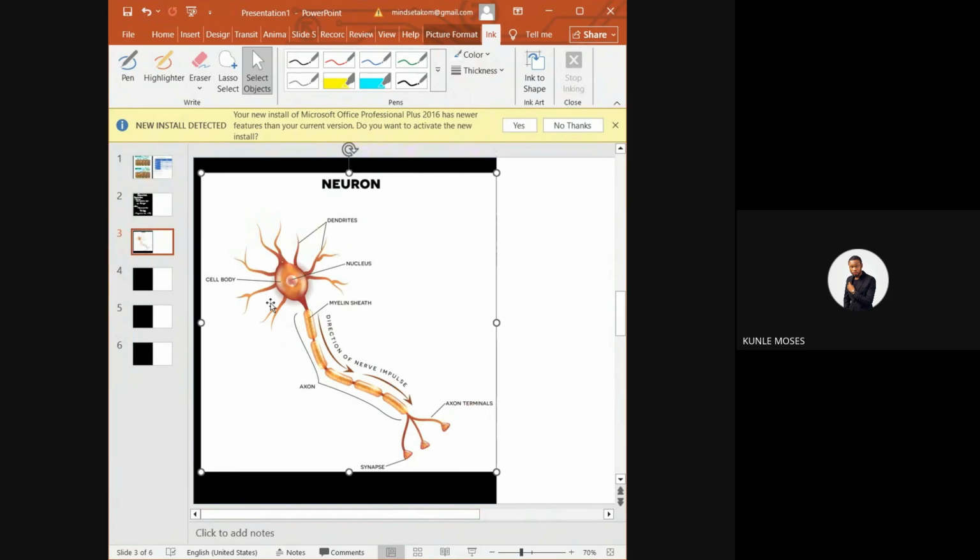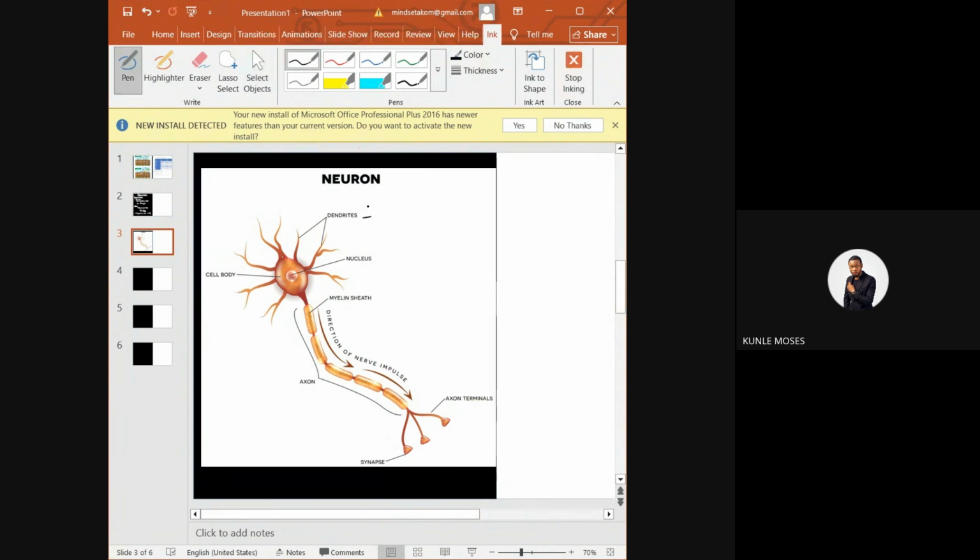So this dendrite is like a receptor that helps to receive signals. They carry the signals toward the cell body, which we can also call the soma, S-O-M-A. So the dendrites help to receive signals.